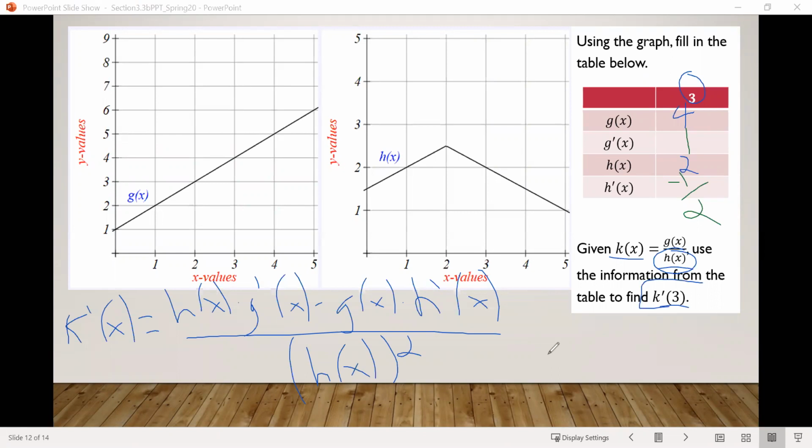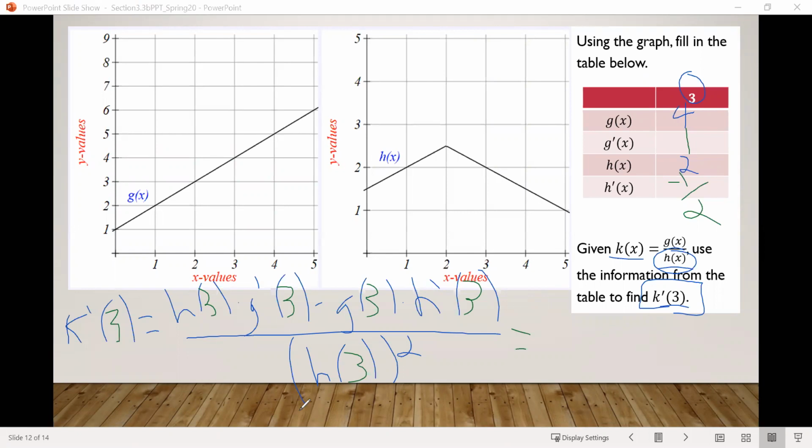And so if we're going to find k prime of 3, what are we going to do? Yeah, we're going to replace everywhere that we see an x with a 3, because we're evaluating the function at 3. So k prime of 3 is h of 3 times g prime of 3 minus g of 3 times h prime of 3, all over h of 3 squared, which we know all of these values, right?